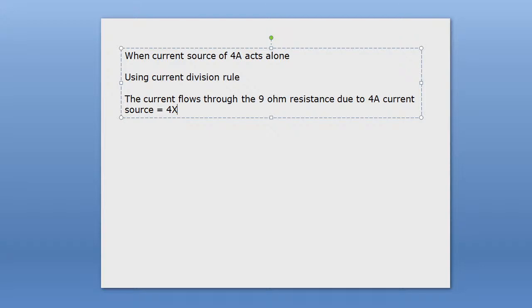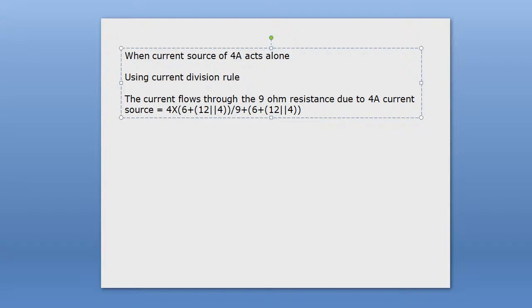So you can write 4 into 6 plus the parallel combination of 12 and 4, this resistance divided by the sum of the two resistances. So you can write 9 plus 6 plus 12 parallel combination with 4.